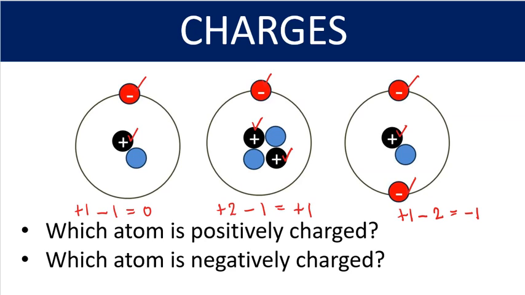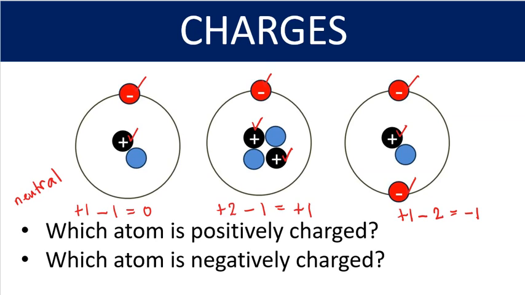Now, really, we should not be saying no charge because there are two charges here, one positive, one negative. But the sum of the charges gives us 0. So we say that the atom is electrically neutral, or neutral for short.